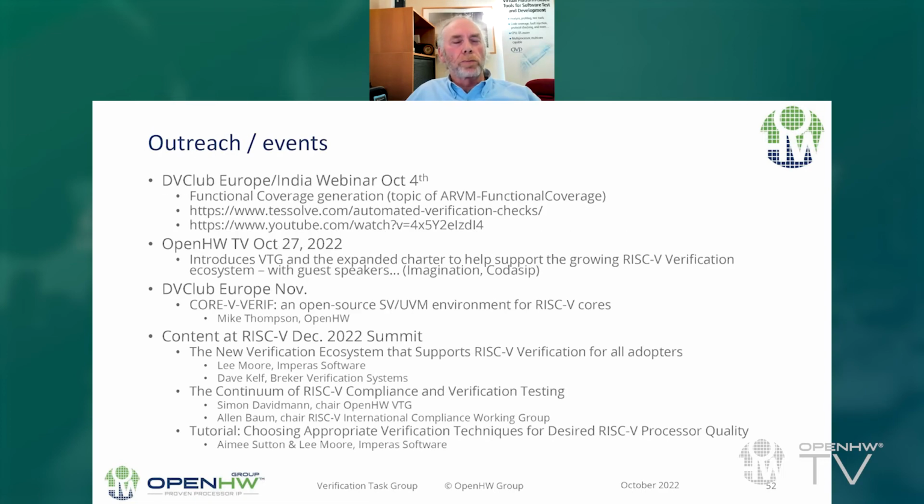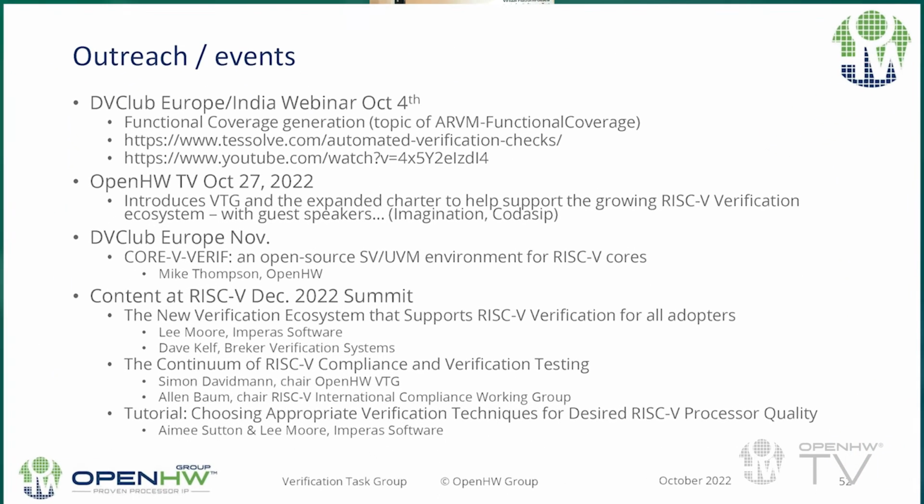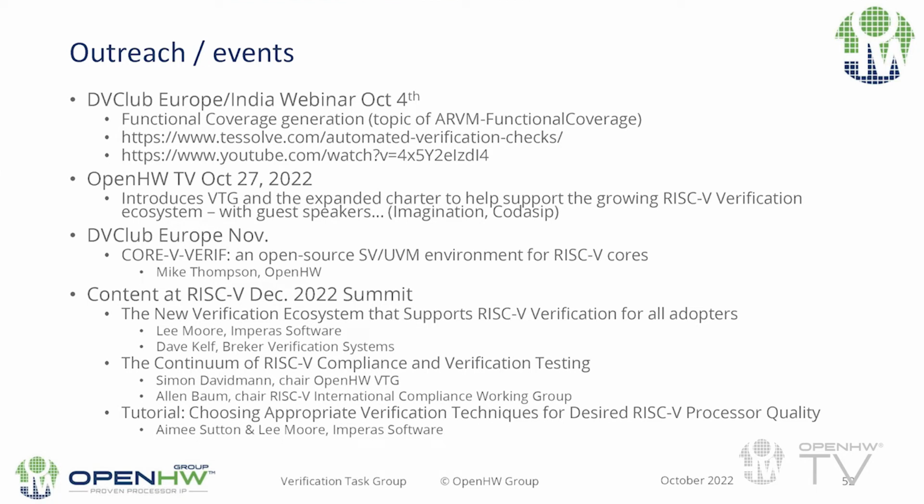And we are trying to promote what we're doing in terms of OpenHW, but also in RISC-V verification in general. So we did a presentation on this functional coverage generation in a DV Club webinar, which has a link there on YouTube. Obviously, there's this OpenHW TV episode. There's a presentation at DV Club in Europe coming up in November.